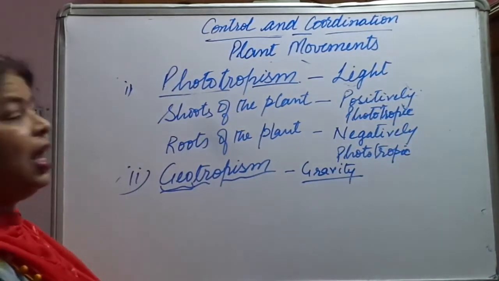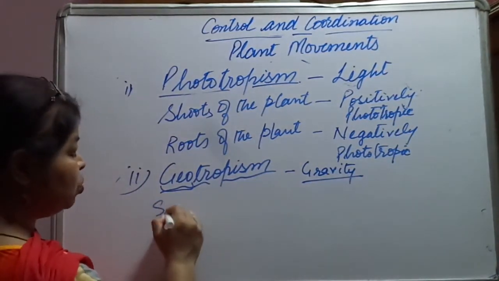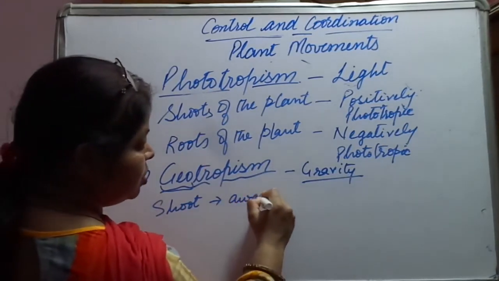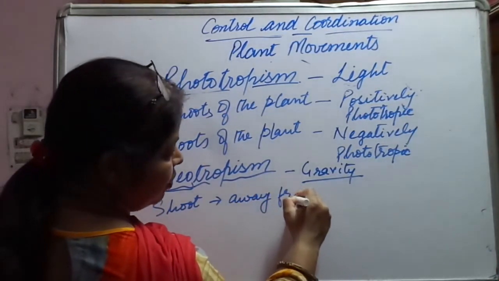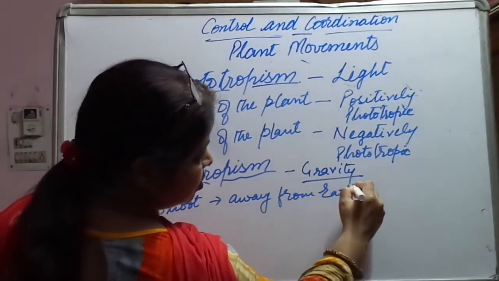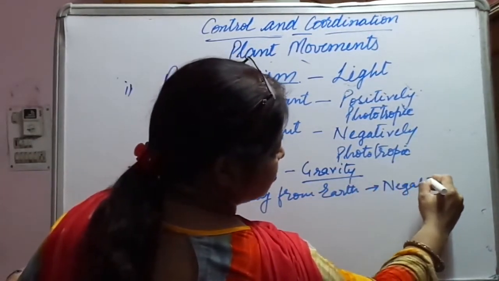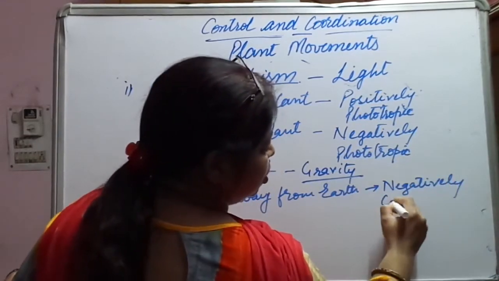Okay, so here we say that the shoot is growing away from the earth, so it is negatively geotropic.